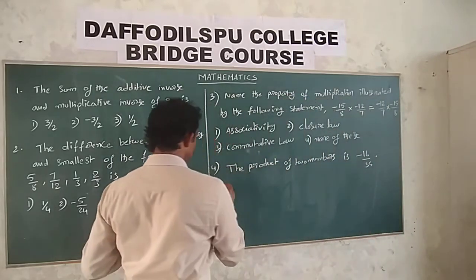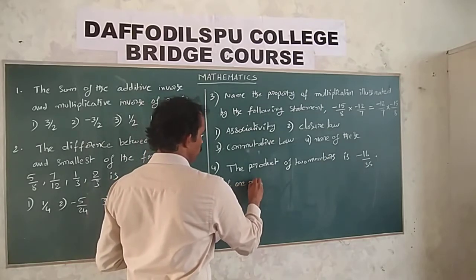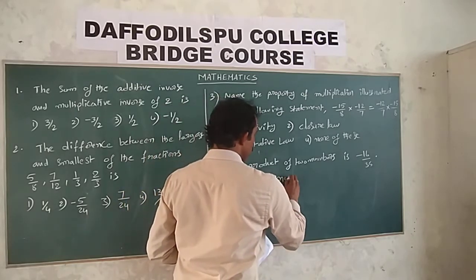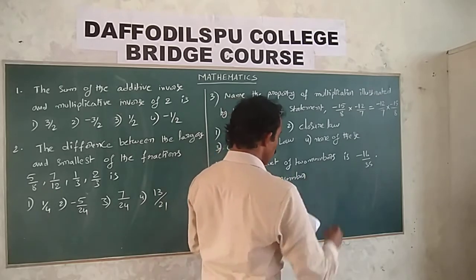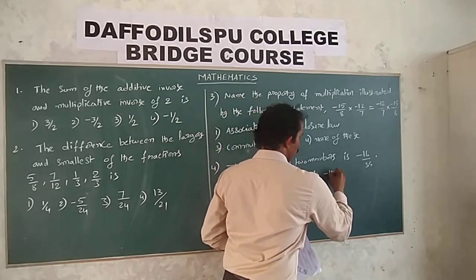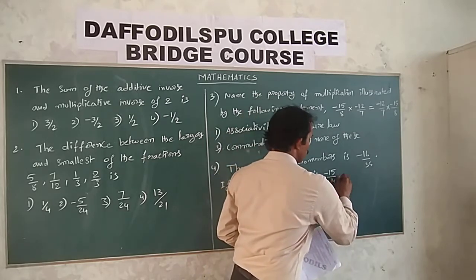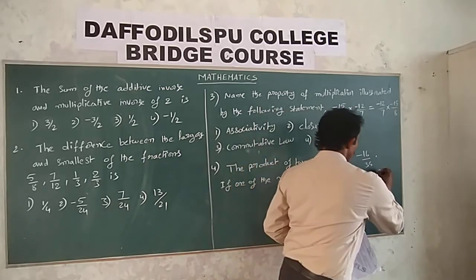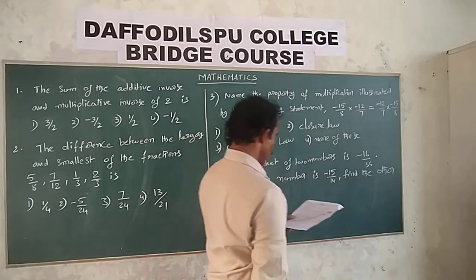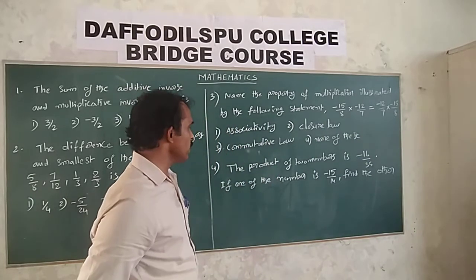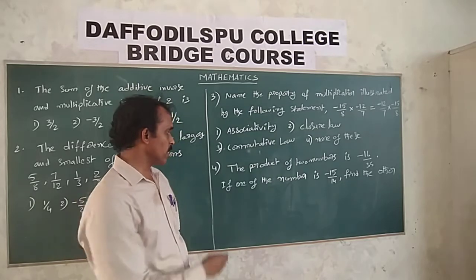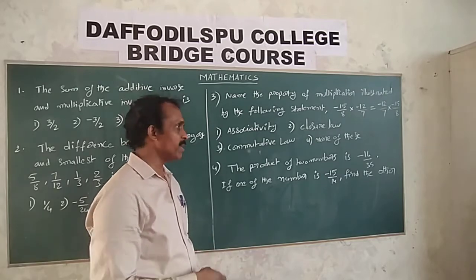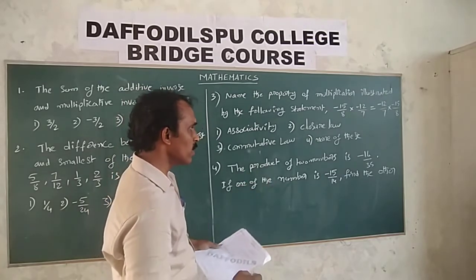If one of the numbers is minus 15 by 14, find the other number. So given is the product of two numbers is minus 16 by 35. If one of the numbers is minus 15 by 14, find the other. Let the other number be x. Use that concept to find the unknown number, right?